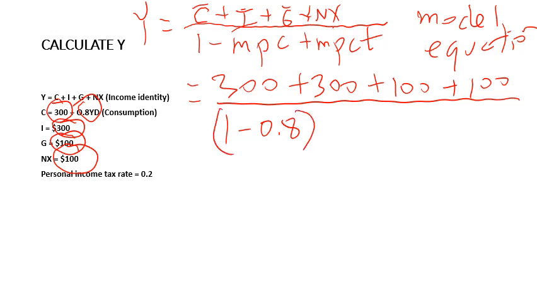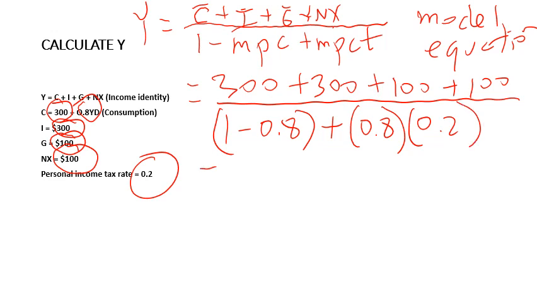Plus MPC, that's 0.8 times T, the personal income tax rate, which is 0.2. So, what do we get? 300 plus 300 plus 100 plus 100 is equal to 800.